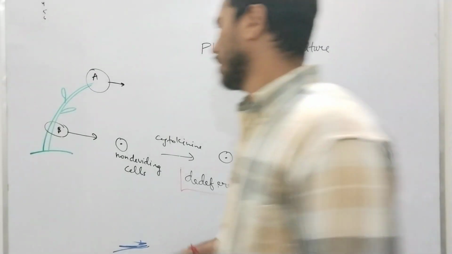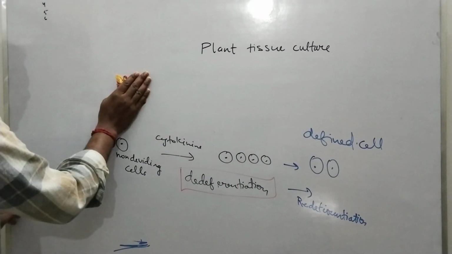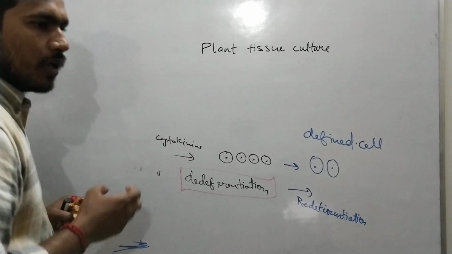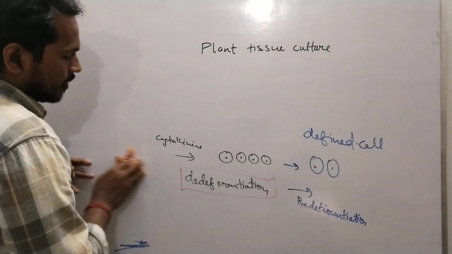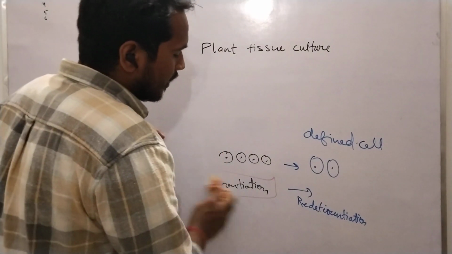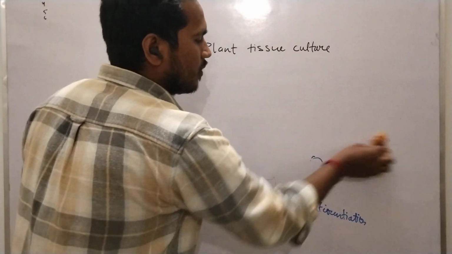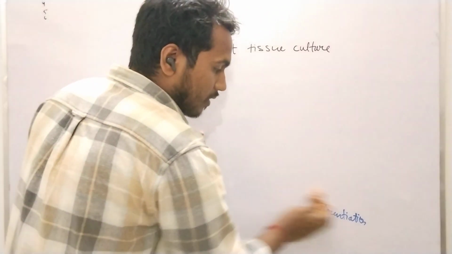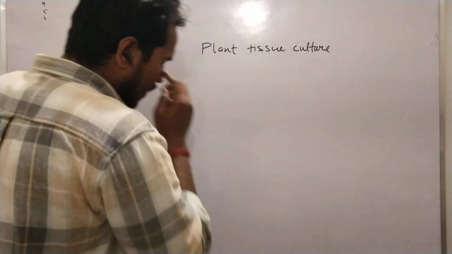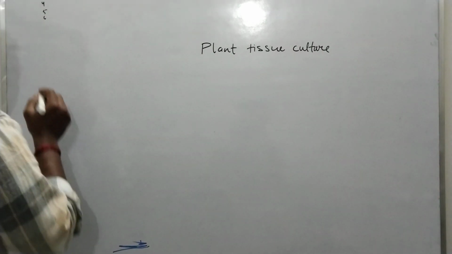So how will we sterilize? Sterilization cannot be done by heating, because these hormones are very sensitive to heat. If you put the hormones along with heating, they may be degraded. So we will not use the autoclaving process for this media or for these vitamins. So what will we do? We will use a chemical sterilization method.